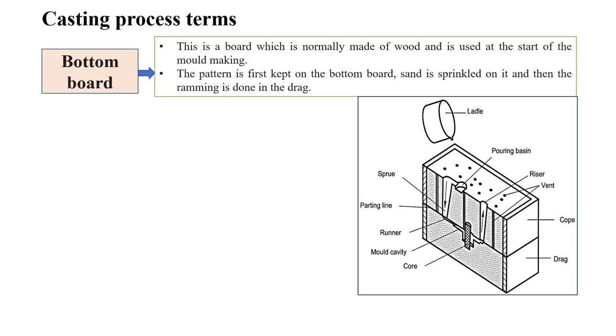Then the ramming is done in the drag part. Generally the pattern is put on the bottom board, and the facing sand is sprinkled on it. Then molding sand and then backing sand is also rammed to give backup and strength to the mold cavity.